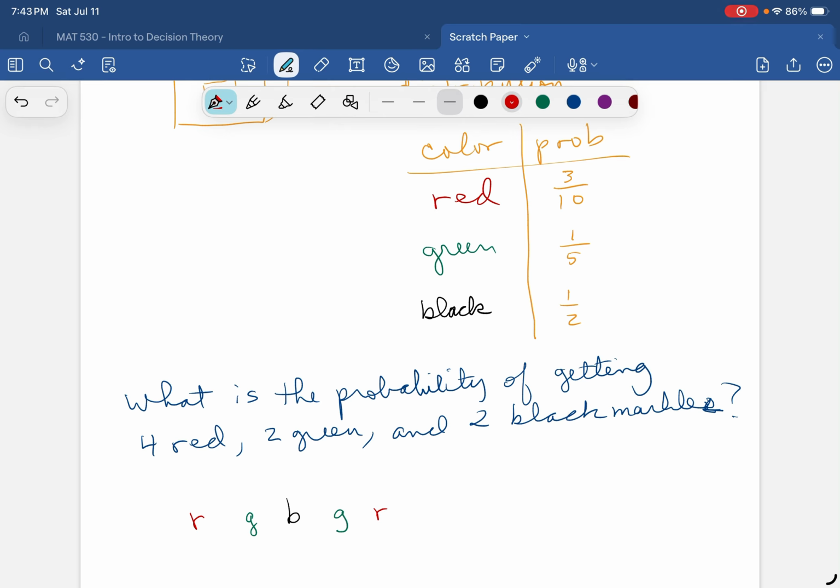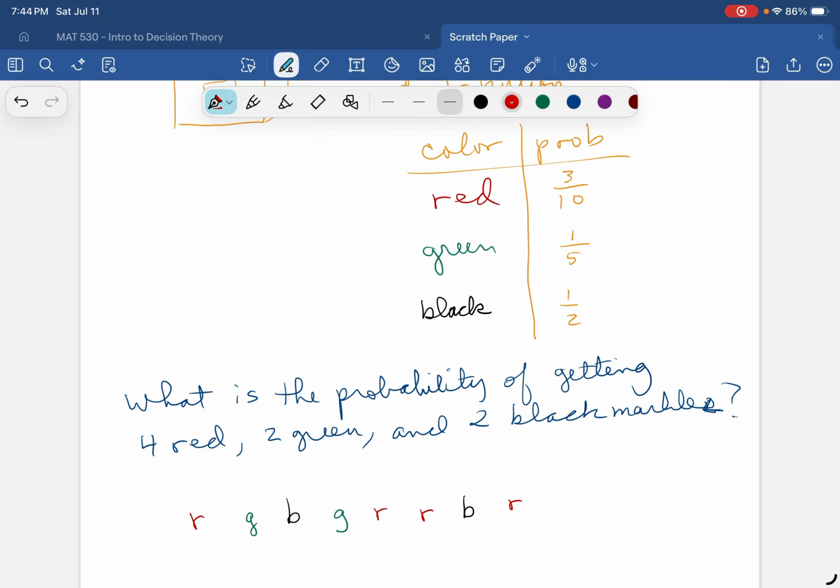And then another red one. And then a black one. And then another red one. Now let's see, did I do that right? There's 4 reds, 2 greens, and 2 blacks. Okay, that's correct. So this is one possibility.